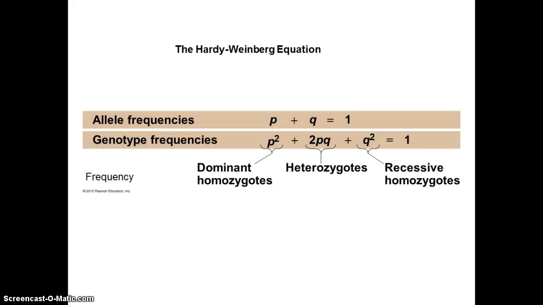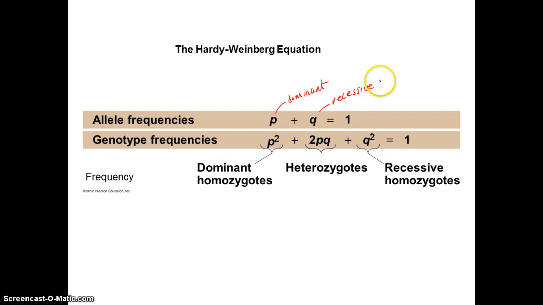So we have this equation, the Hardy-Weinberg equation, that we can use to quantify allele frequency. Here, p represents the dominant allele, and q represents the recessive allele.